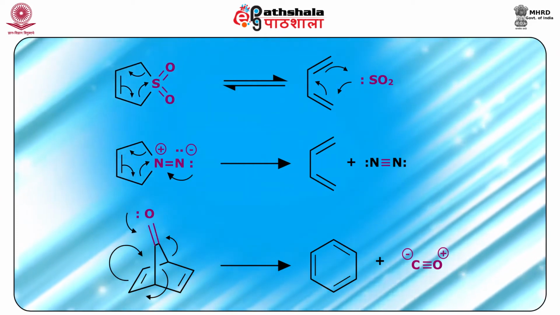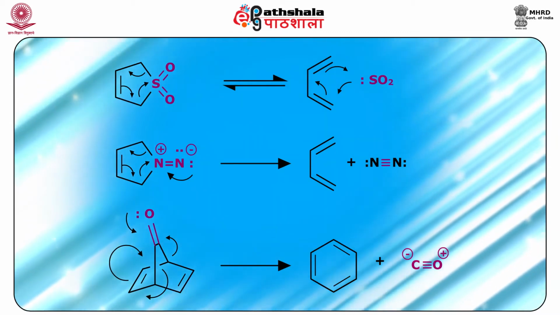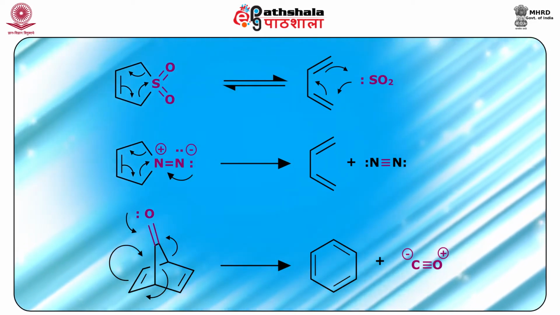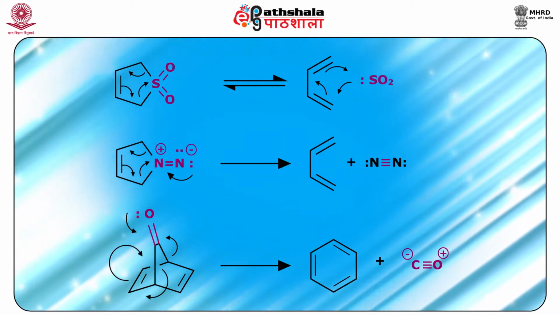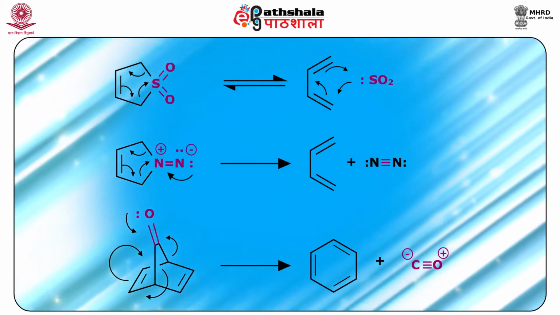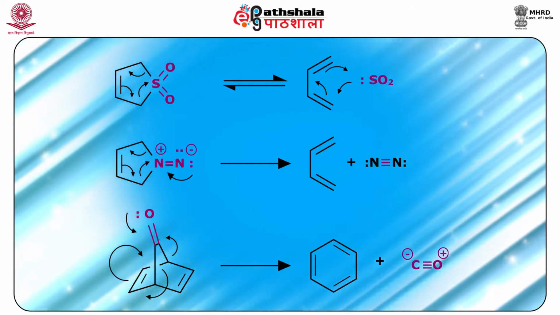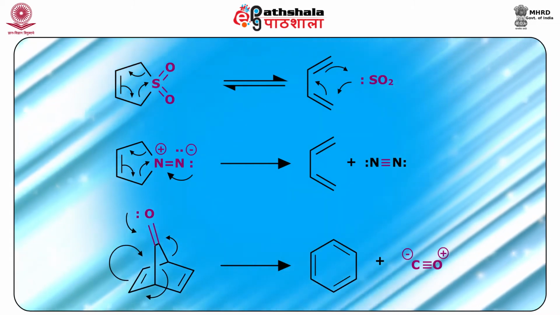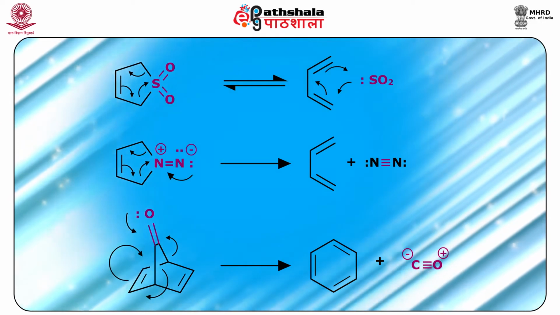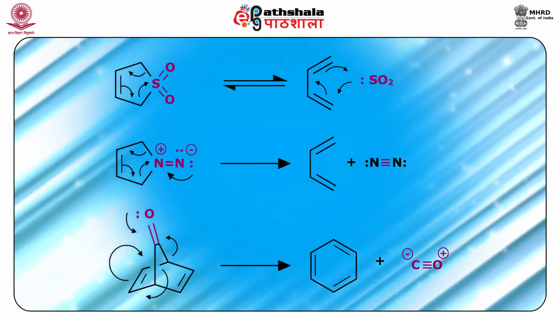For example, in the above examples, the removal of SO2, N2 and CO. The important observation here is that these small molecules that are extruded or get added to the dienes have filled and vacant orbitals available on the same atom for bonding to other atoms, which enables them to undergo cheletropic reactions.